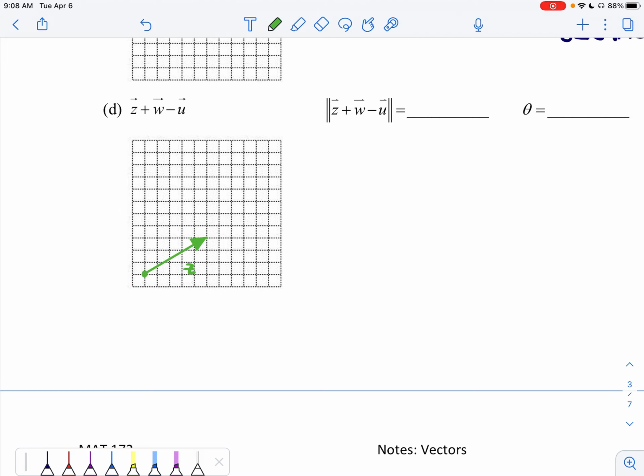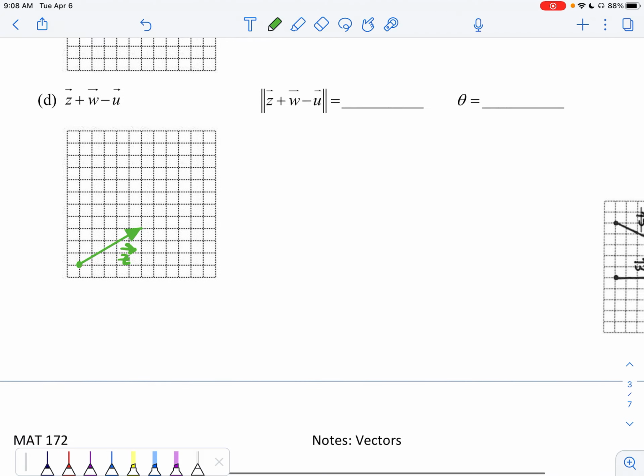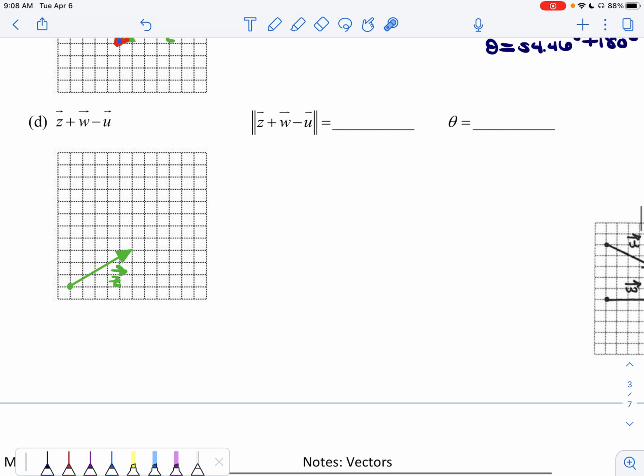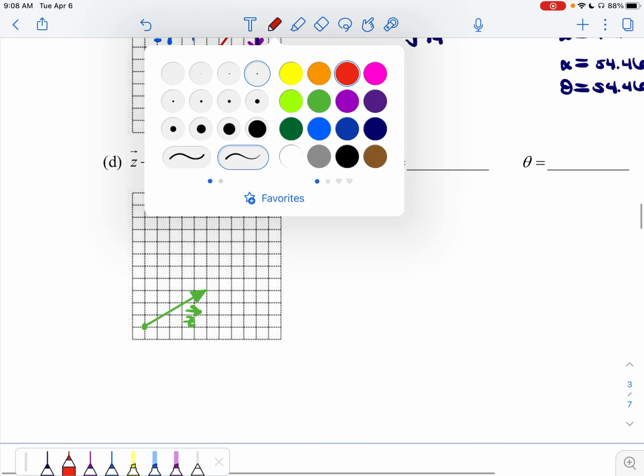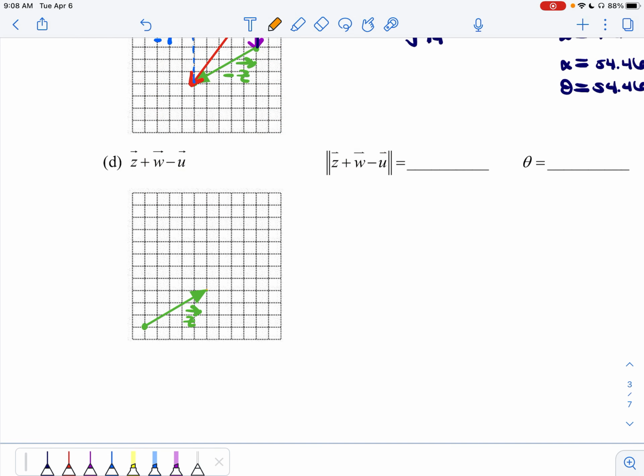That's our vector z. Okay, then we're adding on to it the vector w. So w goes 1, 2, 3, 4, 5 units to the right. That's our w.